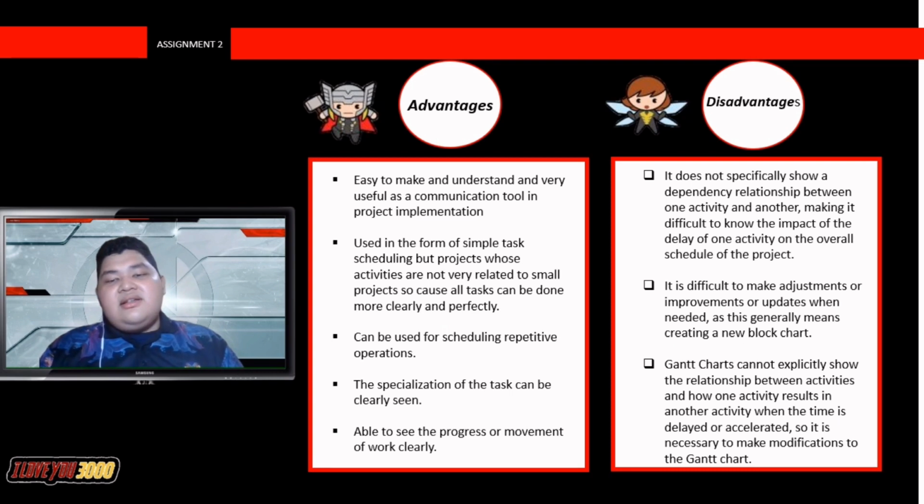Second, it is difficult to make adjustments or improvements or updates when needed, as this generally means creating a new Gantt chart. Okay, last, Gantt chart cannot explicitly show the relationship between activities and how one activity results in other activity when the time is delayed or accelerated. So it is necessary to make modification to the Gantt chart.